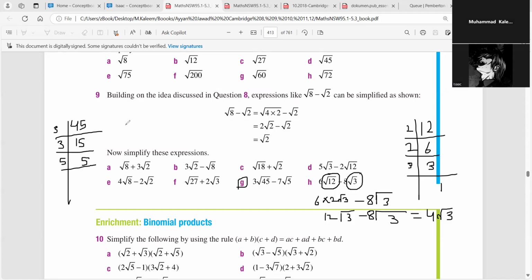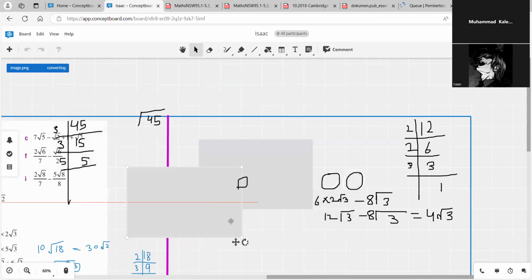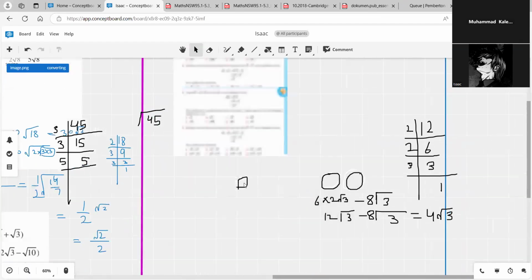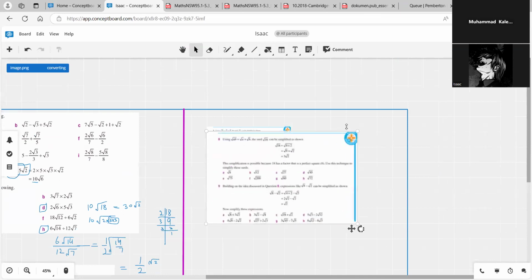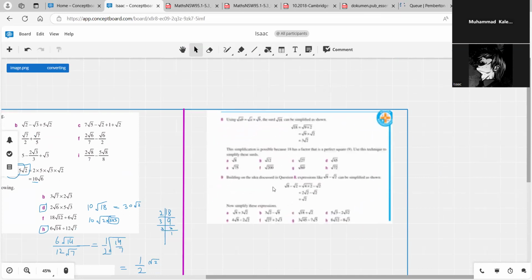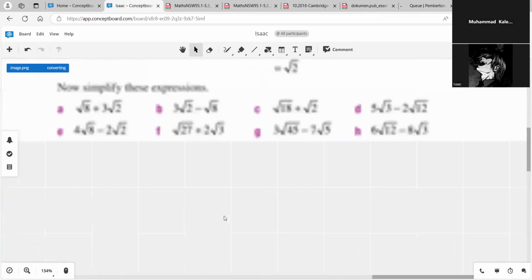So that means if we have a square root of 45, I'm doing it roughly. If I want to do this properly, let me do it on the board. Just wait a minute, please. I already know that 3 will be written as it is.